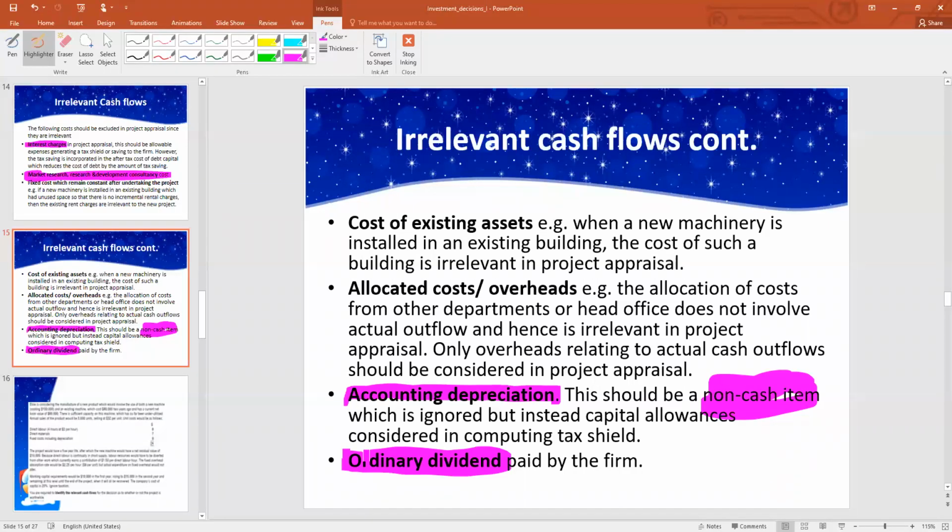However, it is taken care of by the cost of capital, the discounting rate. That's a recap of what you may have discussed in MA. Clear?